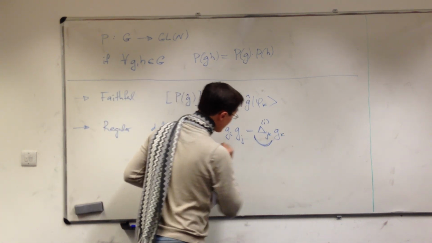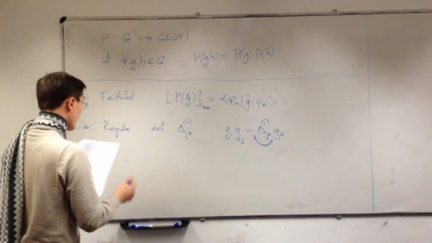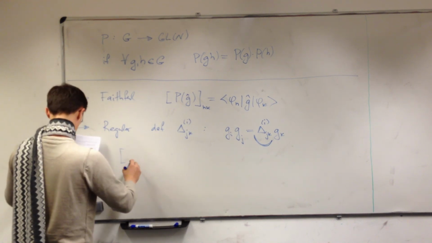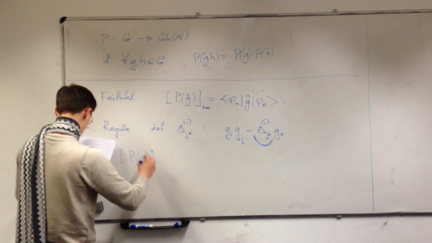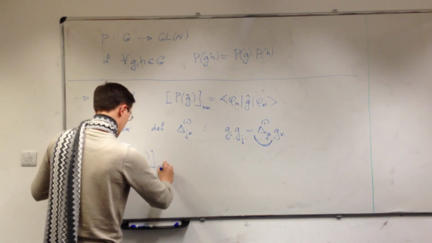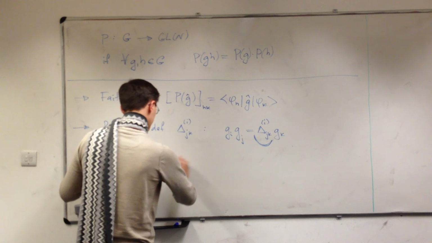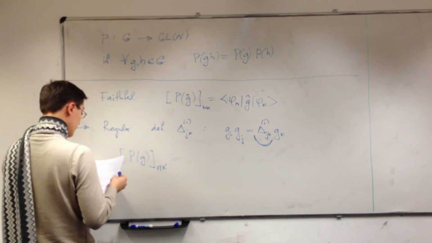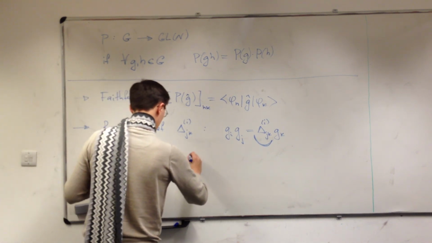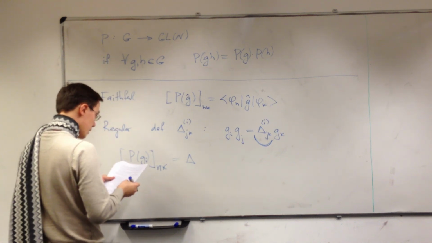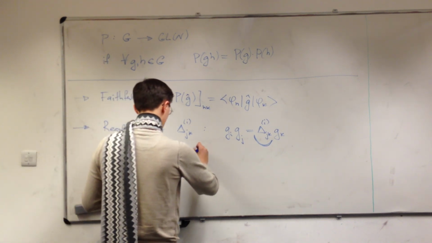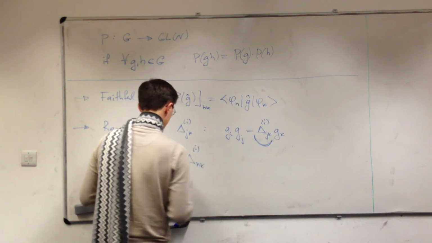Then these can be made into matrices. So if we do it like that, so P of the element g_i, and k will now be delta, i, and k.